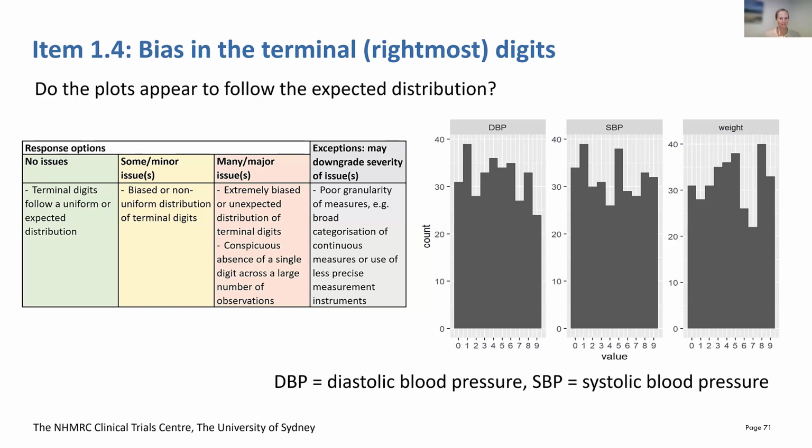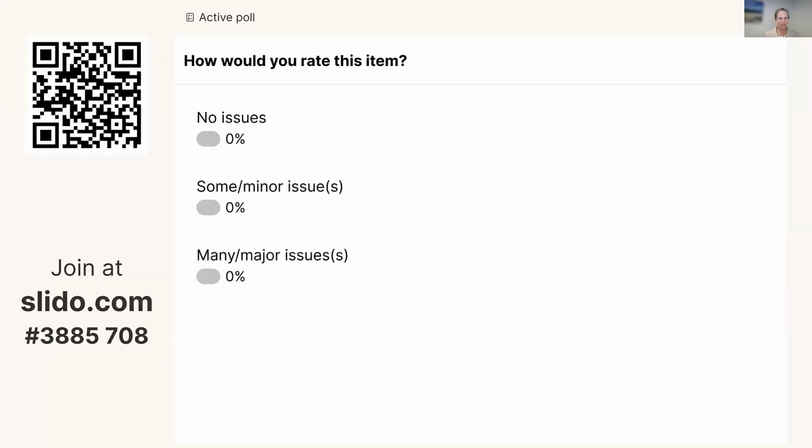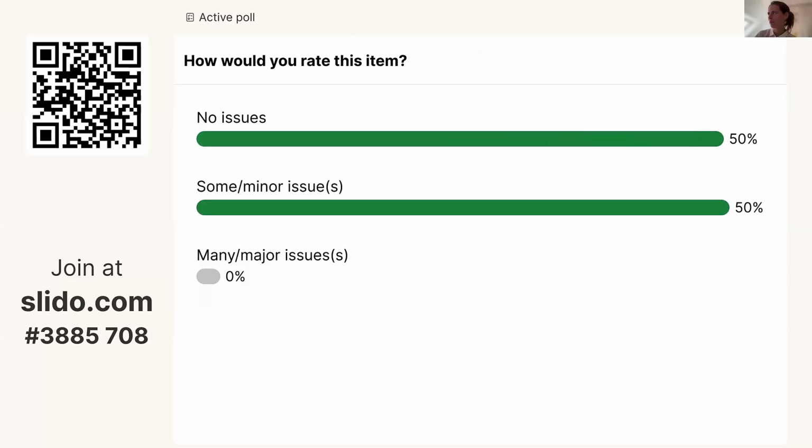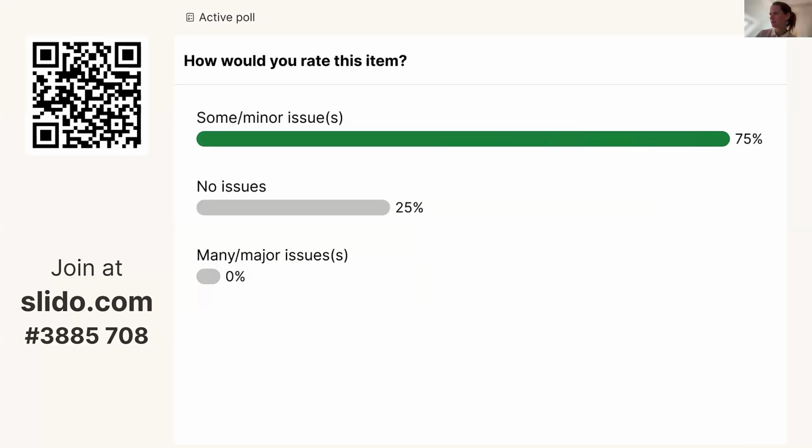Shall I jump forward? I think so. Hopefully I don't go through this too quickly. What do people get? How would you rate this item? We'll give people a little bit of time again.